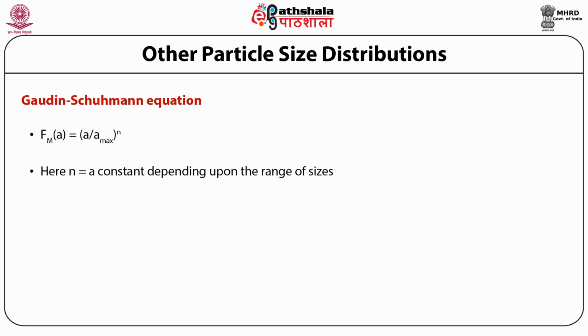Here, n is a constant indicating the range of sizes and A max is the apparent maximum size obtained by extrapolation. For this distribution, a straight line would be obtained when it is plotted on a log-log paper.